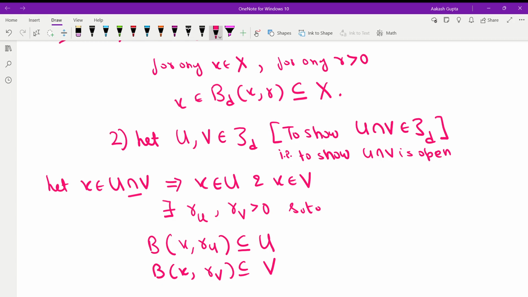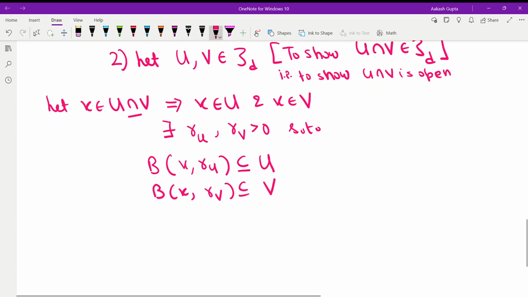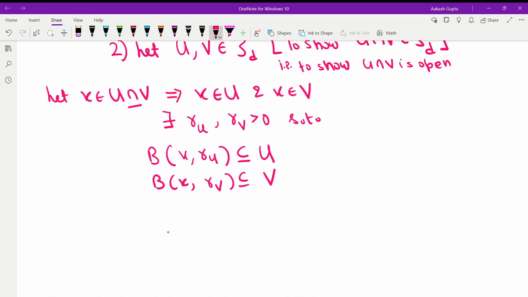But you need a ball which is inside U and V. You see how to produce such a radius. You can always imagine it in R2.